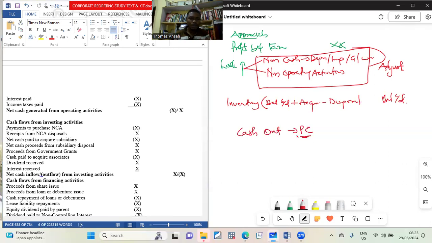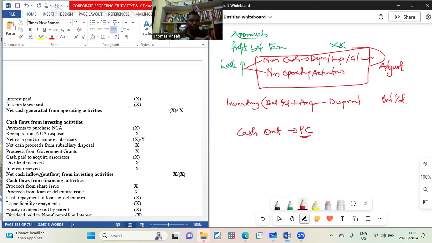So find out, because the net cash paid to acquire a subsidiary can also be an inflow. Let me write it like this so that students don't assume it is always an outflow. Take note of that.